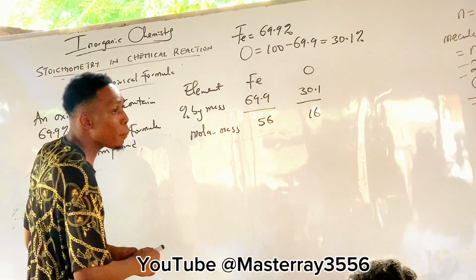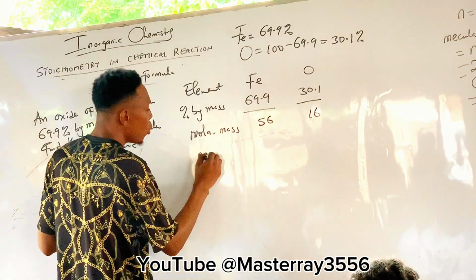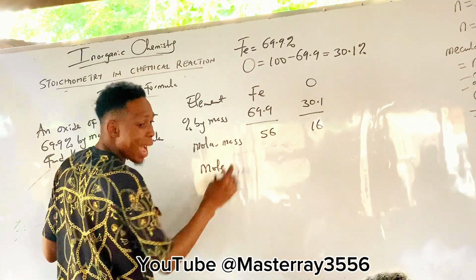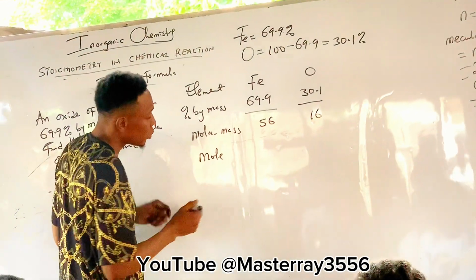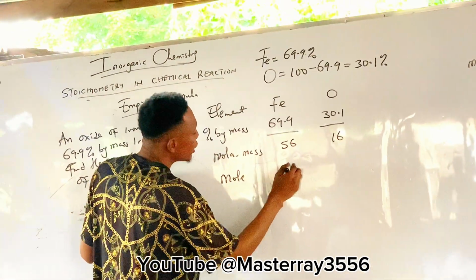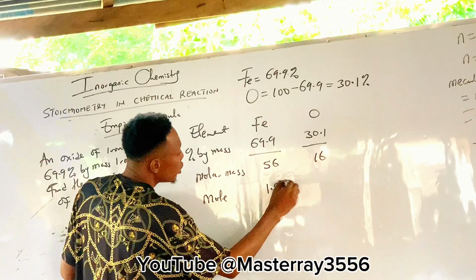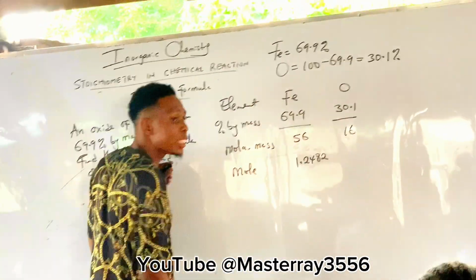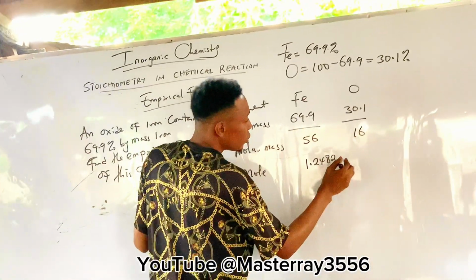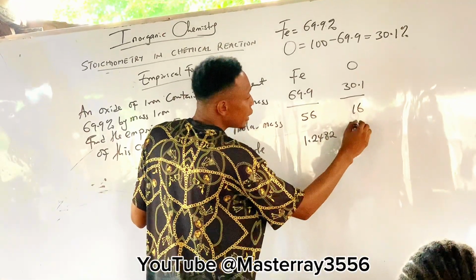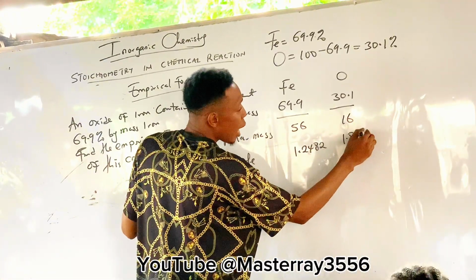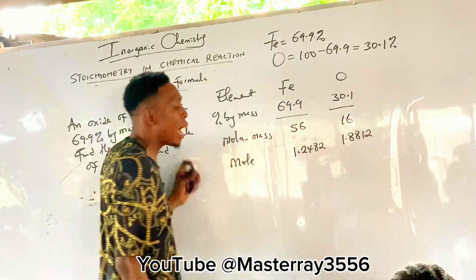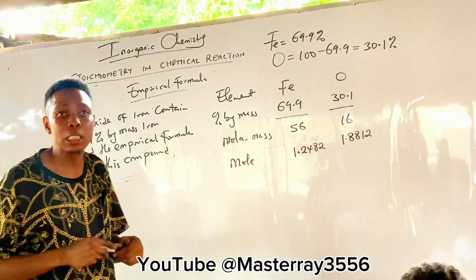So this time, when you divide, we are going to have what's called mole. When you divide it, what do you have? 1.2482. And if you divide this, what do you have? 1.8812.